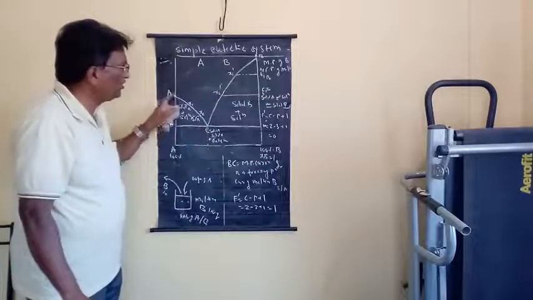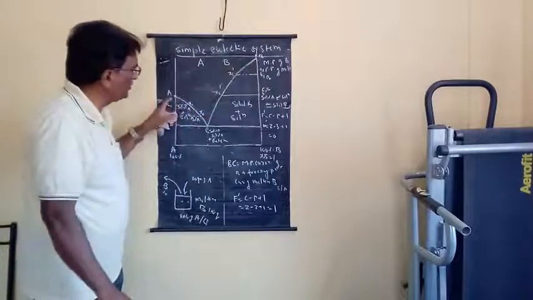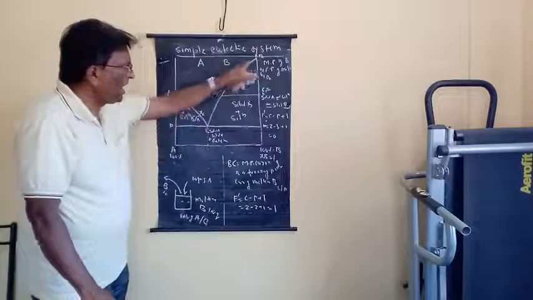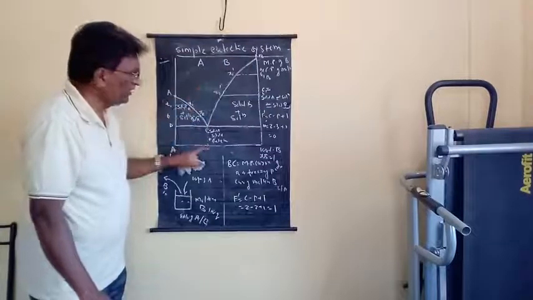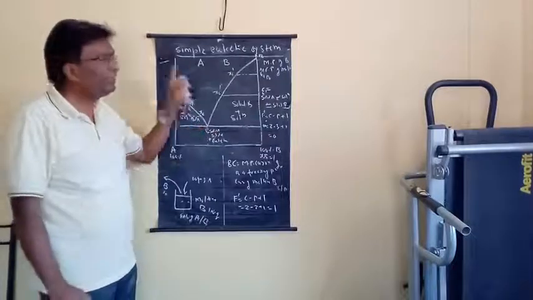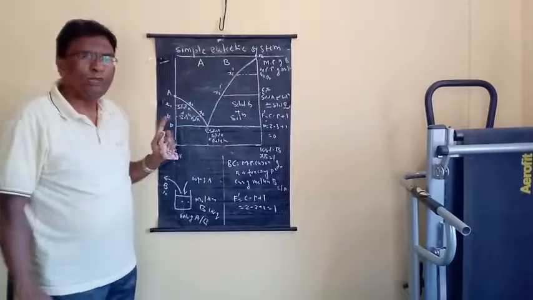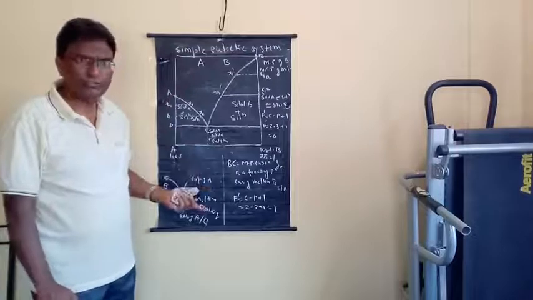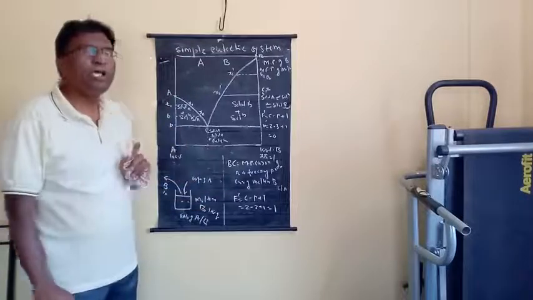Though the melting points of pure components are high, this eutectic will melt at a lower temperature than the melting points of either component, and therefore it is called eutectic.